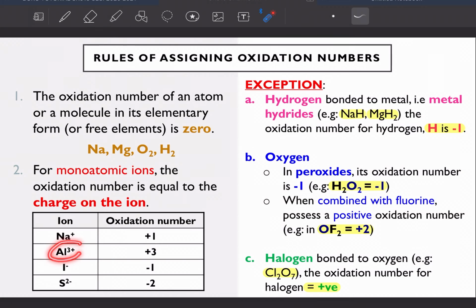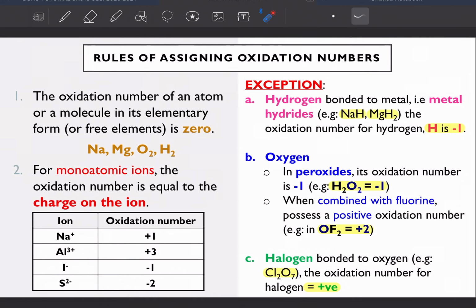Aluminium 3 plus ion atau aluminium ion, okay, it will have an oxidation state +3. Iodide ion -1. Sulfide ion S2- will have -2. Okay, so itu adalah general knowledge in chemistry that you need to know.